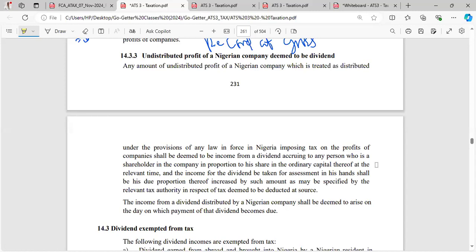You are supposed to distribute 60 million, right? But maybe because of being cautious or so, you decided not to distribute the whole 60 million and you decided to distribute 20 million. 20 million is distributed profit. The remaining 40 million is undistributed profit. You will still be taxed on that undistributed profit. It is deemed as though you have distributed it.